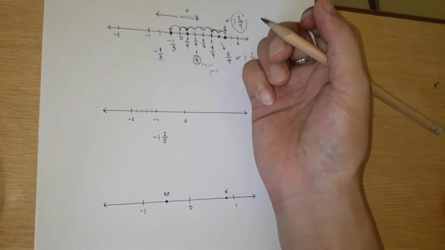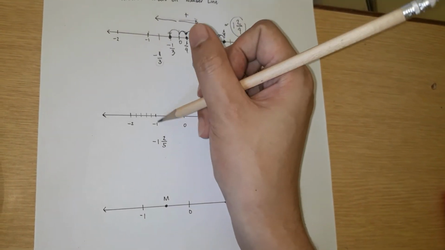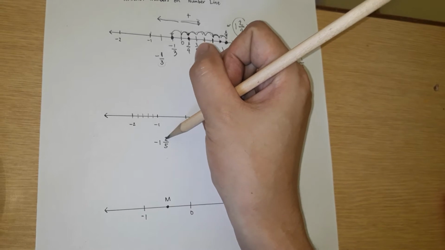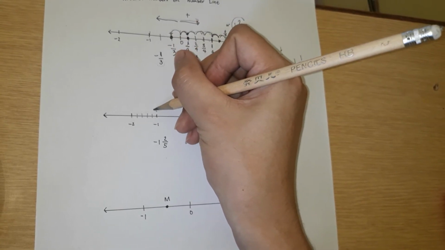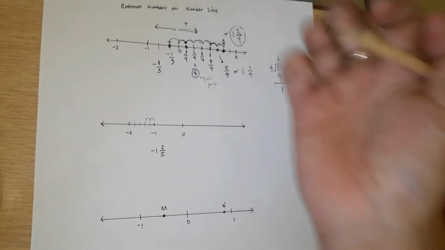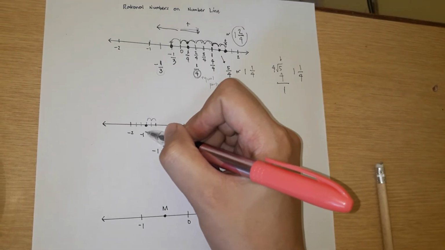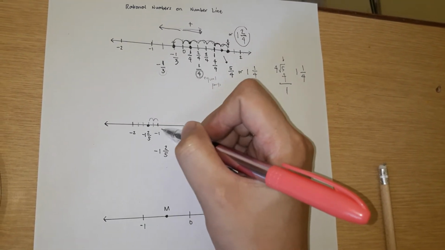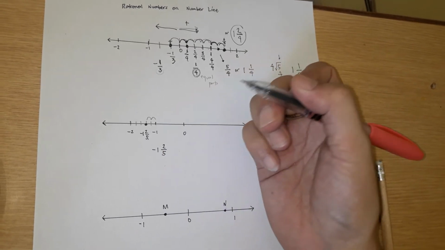Then you're just going to count from negative 1 by 2 steps. So count 2 steps only, 1, 2. Ibig sabihin, this is negative 1 and 2/5. Negative 1 kasi nag-start ka sa negative 1, and then 2 out of 5.